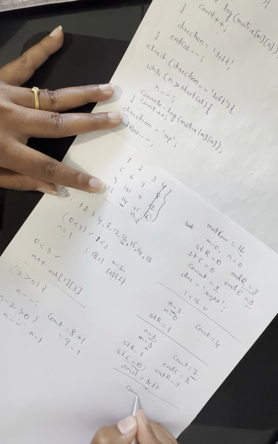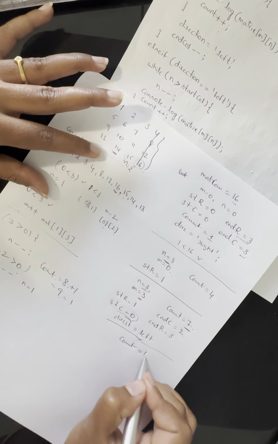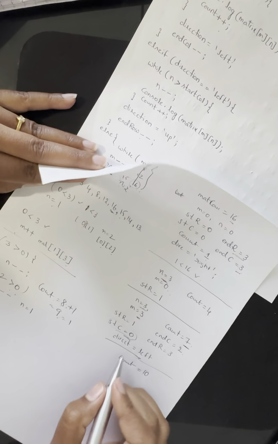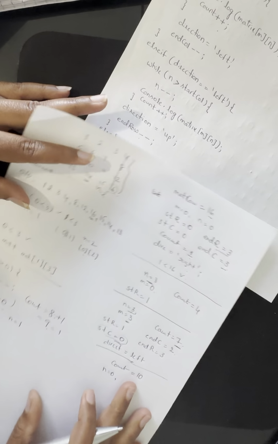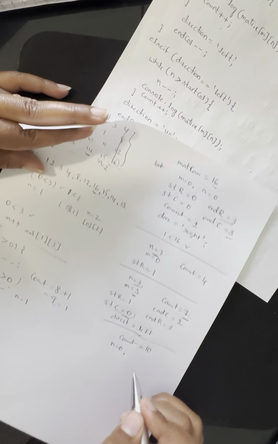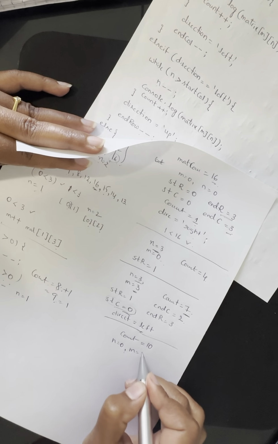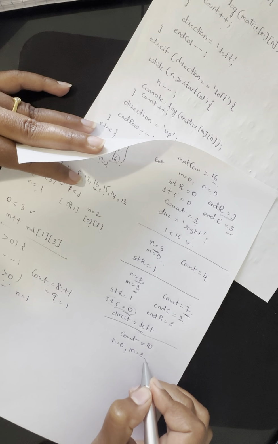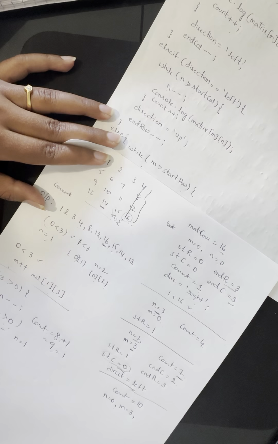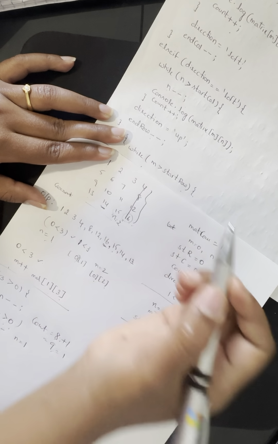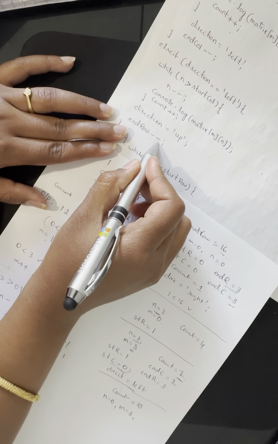so the count becomes 10, and n will be 0. n is at 0, m is at 3, so we change the direction to up, and we will be decrementing the n row.